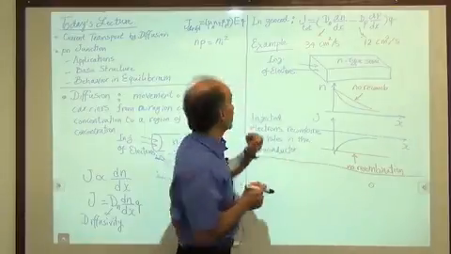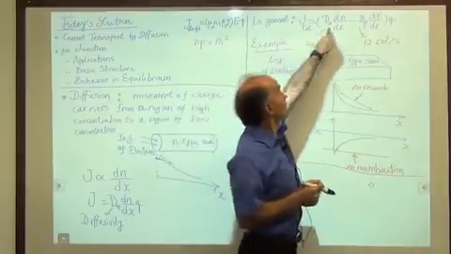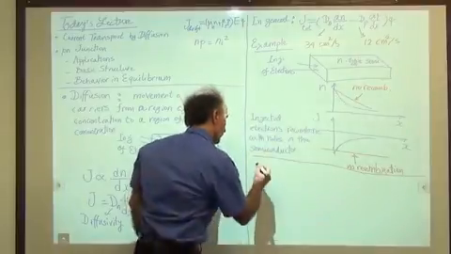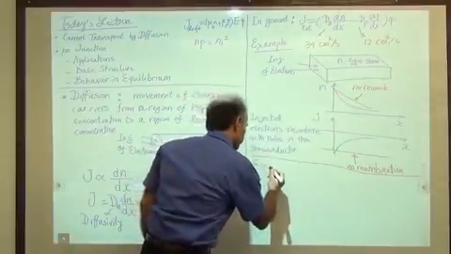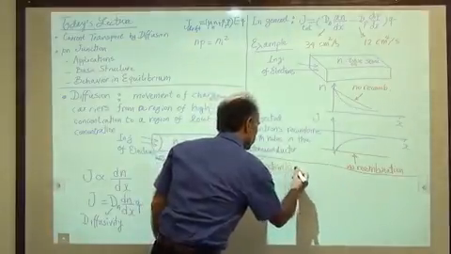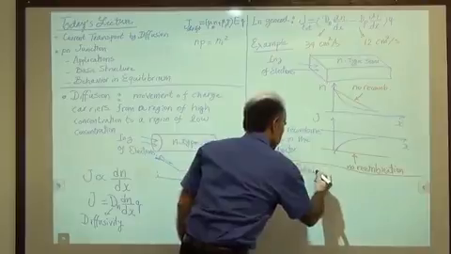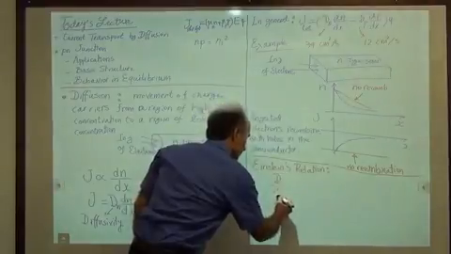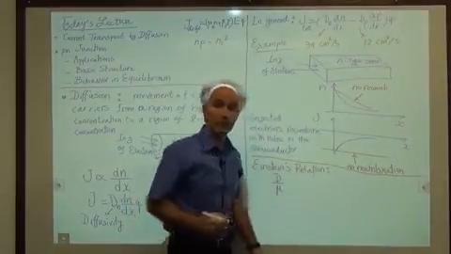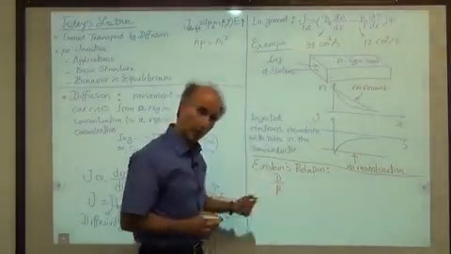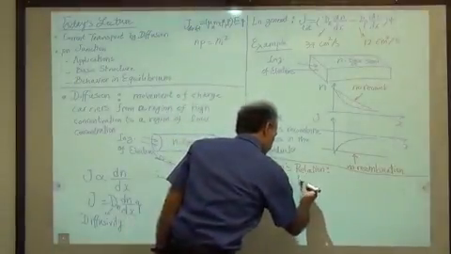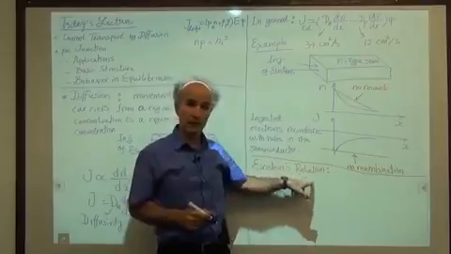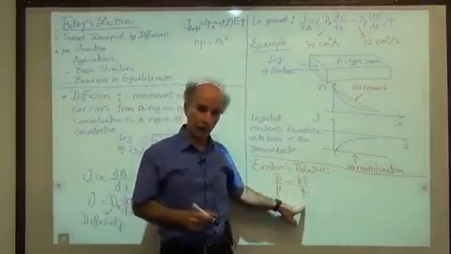So these are two different parameters, and they describe different types of behavior. But what's interesting is that there's actually a relationship between mobility and diffusivity, which we will use later on to simplify our equations. So that is called Einstein's relation. And Einstein's relation says that D over mu for a given type of carrier, electron or hole, is equal to kT over Q. k is the Boltzmann constant, T is absolute temperature, and Q is the electron charge.